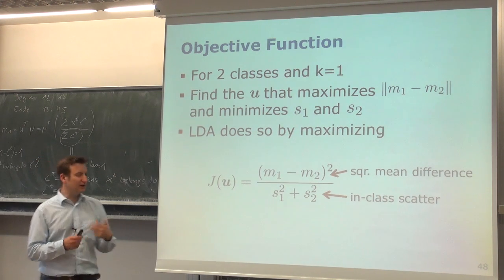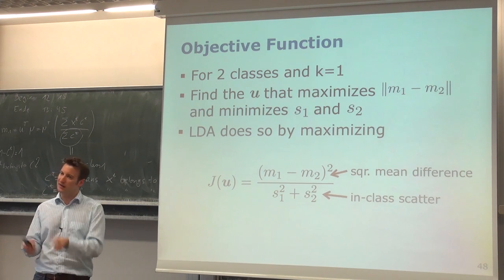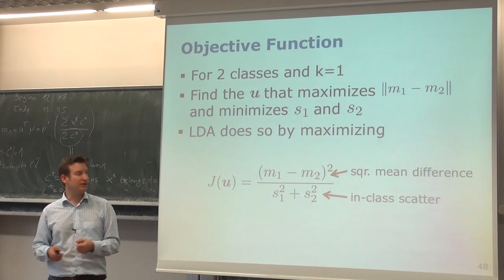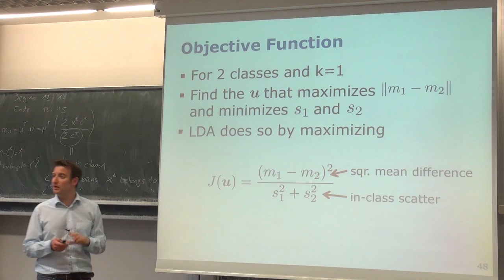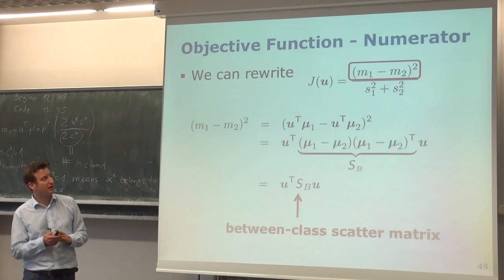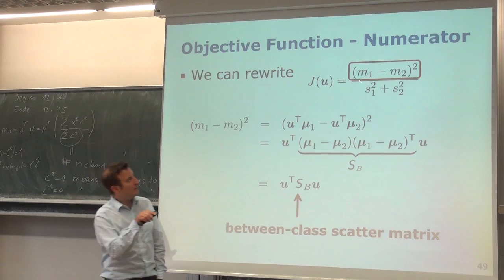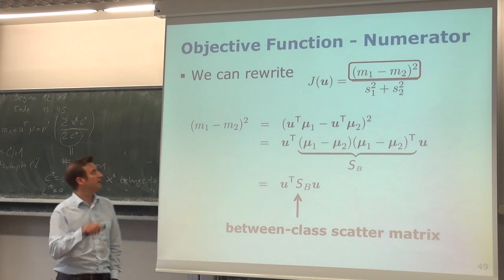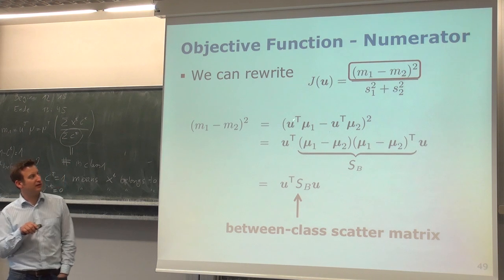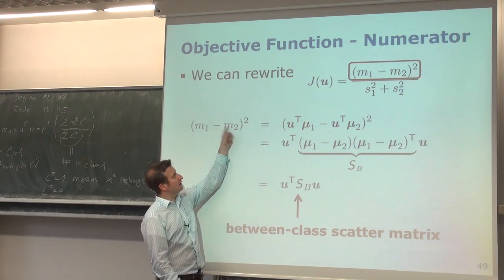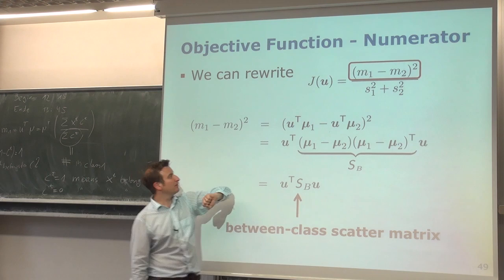See, the only thing I'm now doing, I'm kind of rewriting this a little bit so that later on it's a little bit easier to compute, for example, the first derivative of the thing if we want to maximize this function. So we can actually look at the first expression over here, m1 minus m2. m1 minus m2 squared can be written as, so these are the projections of the mean.